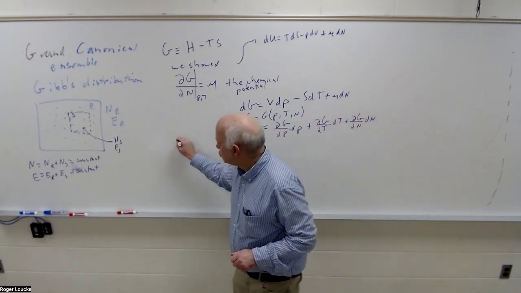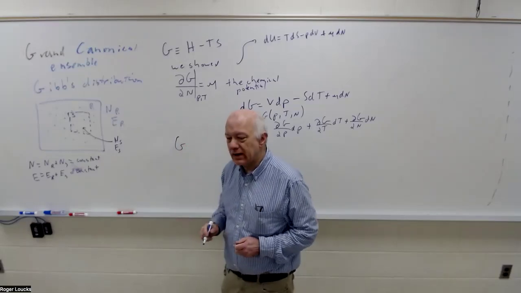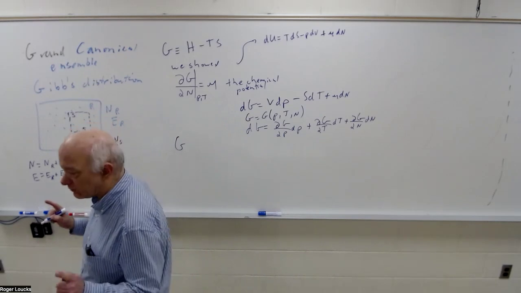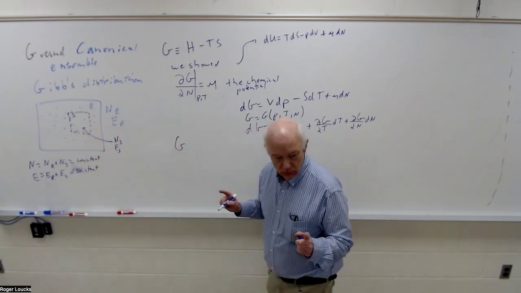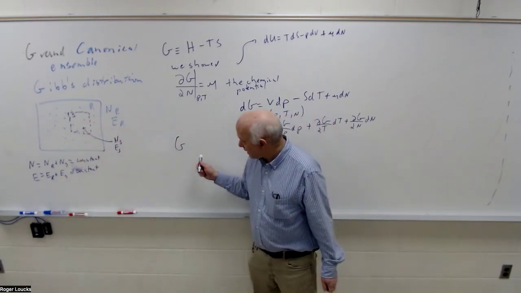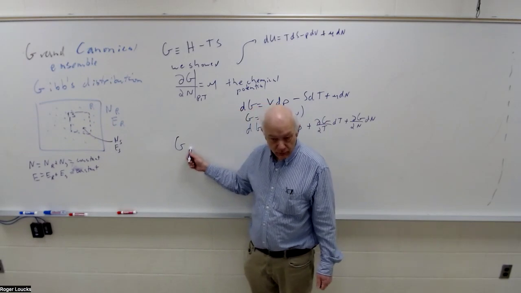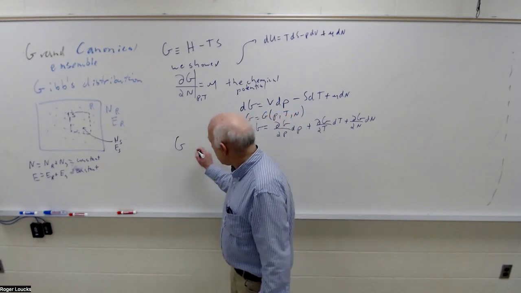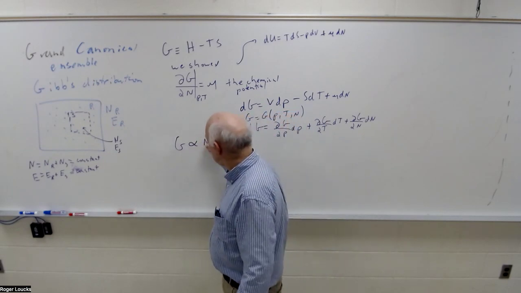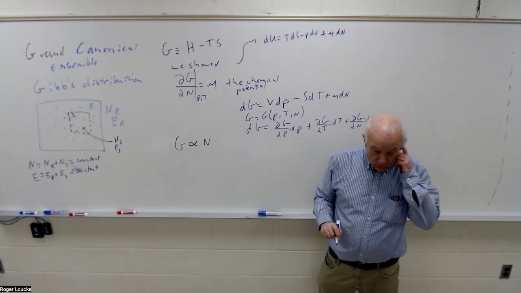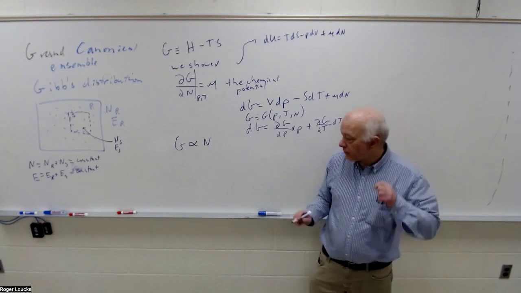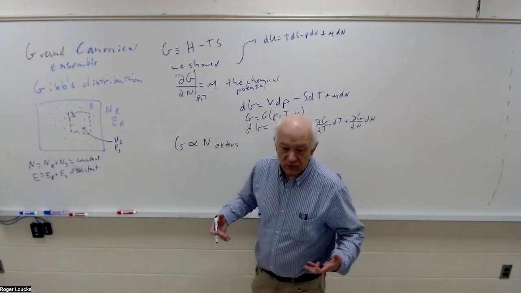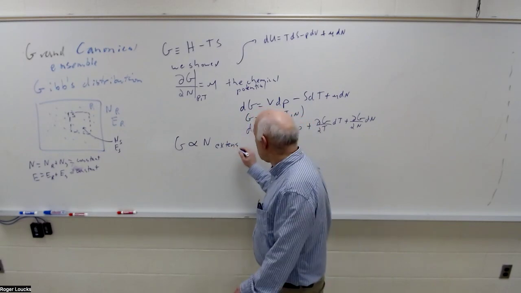Now, we said normally with G, what kind of quantity is G? An extensive quantity or an intensive quantity, and what's the definition of extensive? It varies with particle number. This is going to be the size of the system, and if you have something extensive, it's going to scale with the number of particles. So G is extensive; it depends on the size of the system.